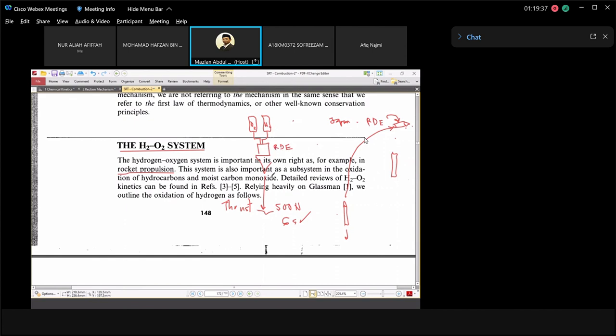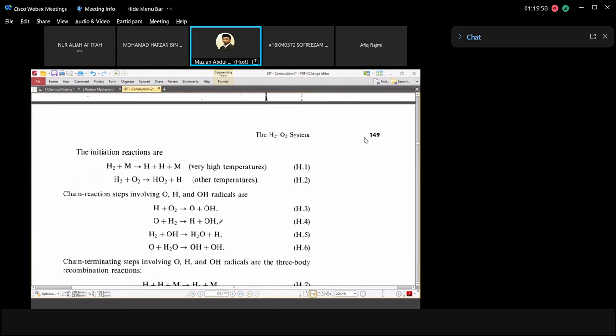This system is also important as a subsystem in the oxidation of hydrocarbons and moist carbon monoxide. A detailed review can be found in the literature, 3.5, relying heavily on this reference. Glassman, we outline the oxidation of hydrogen as follows. Glassman is a combustion textbook, Irving Glassman, you can refer to that book.